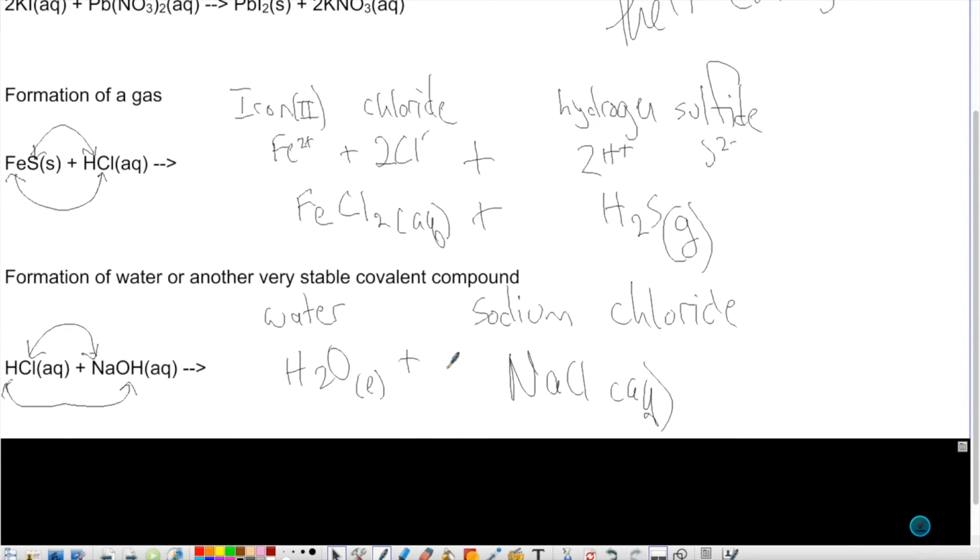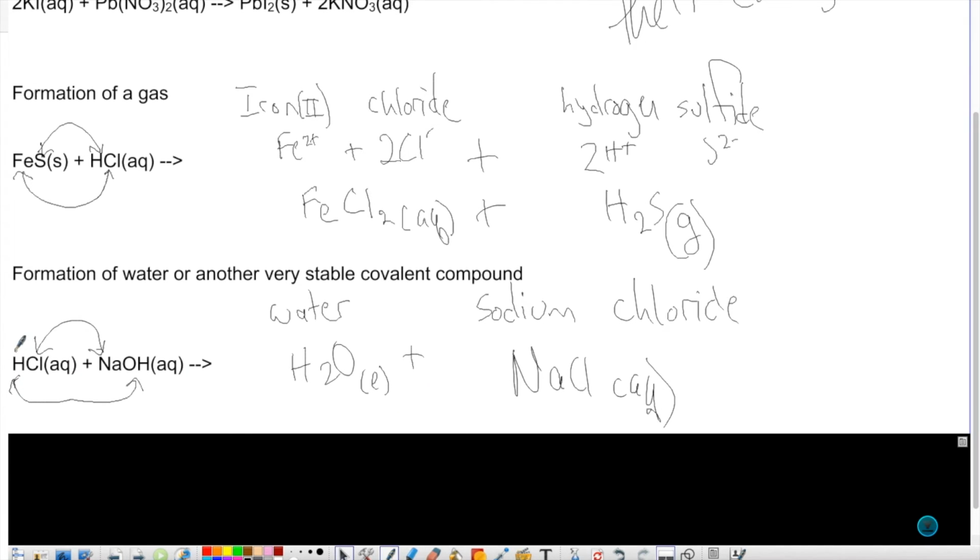Everything's already balanced. Great. Oh, no, I needed a 2 in front of there, and a 2 in front of there, and a 2 in front of here. No, wait, just kidding. It was balanced originally.